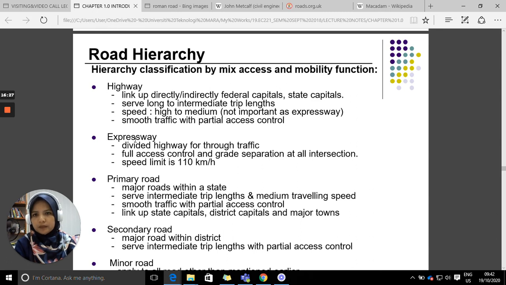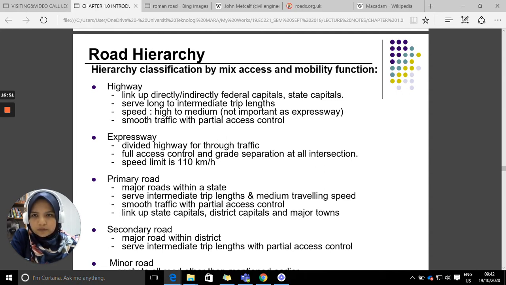Okay, you can see the definition. It is a divided highway for through traffic. Divided here means that you must have a divider in between the two opposing traffic, right? What else?